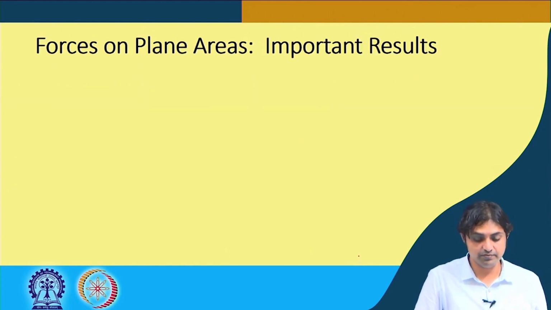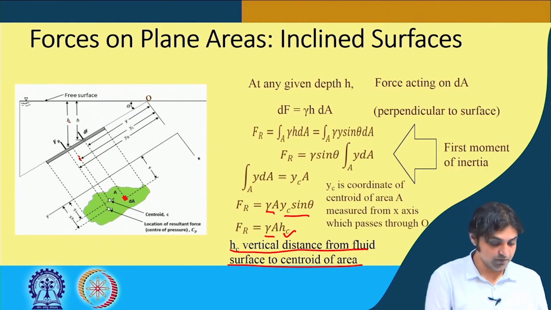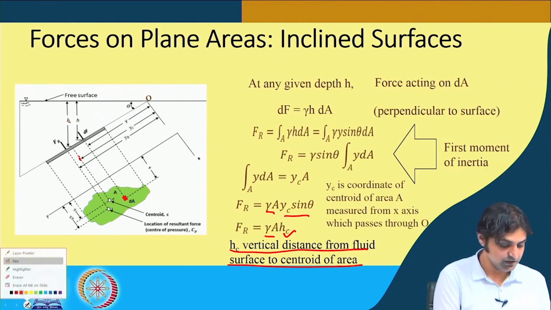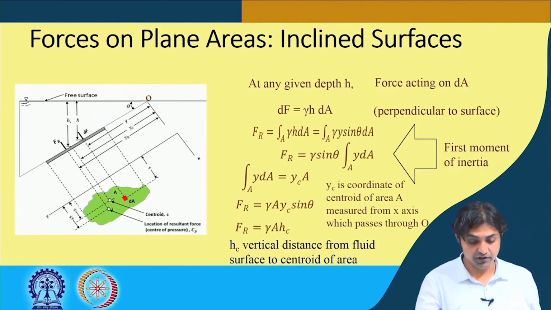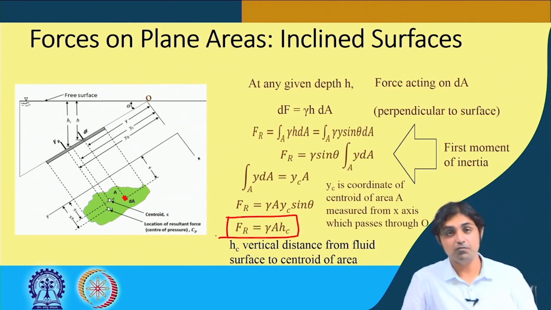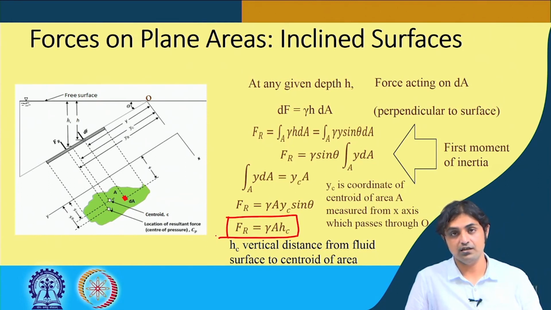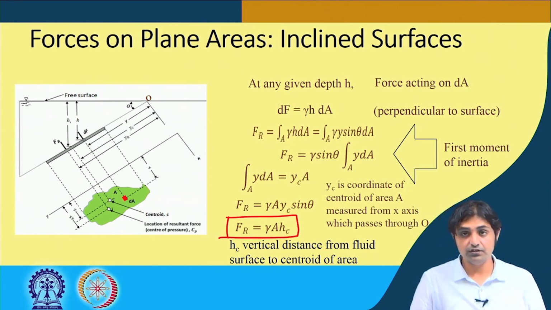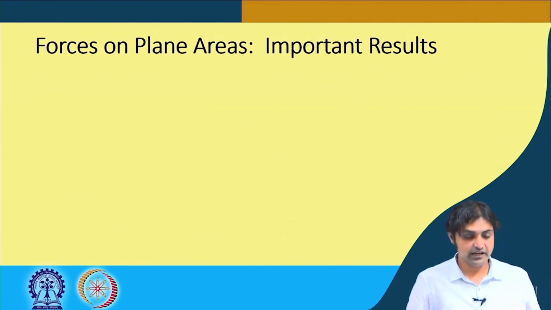Now we have simplified this into a very simple, common equation. I will just write the important one: FR is equal to gamma A hc. This is one important result to note down at this point. Very good, so we proceed to the next slide.